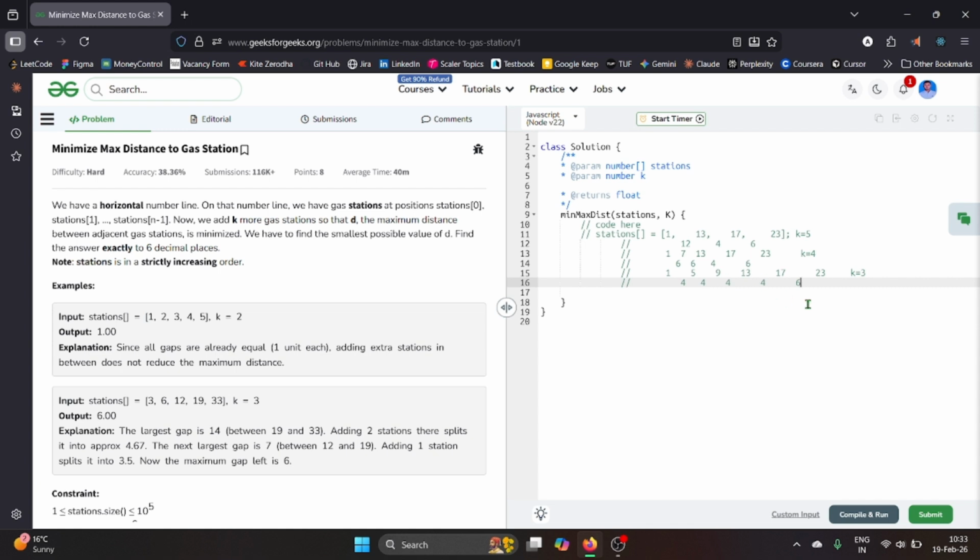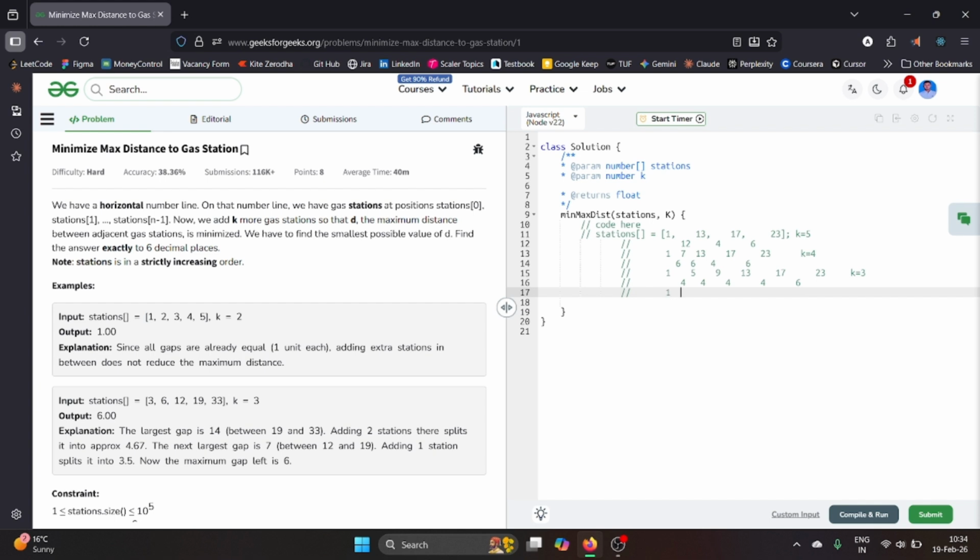So we have to put our new gas station over here, because the maximum distance is here, and we have to minimize our maximum distance. We will put our new gas station here because the distance between them is maximum. We have three gas stations, and our new gas station will be put between 17 and 23.